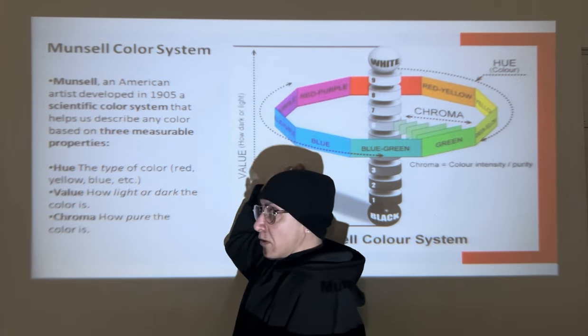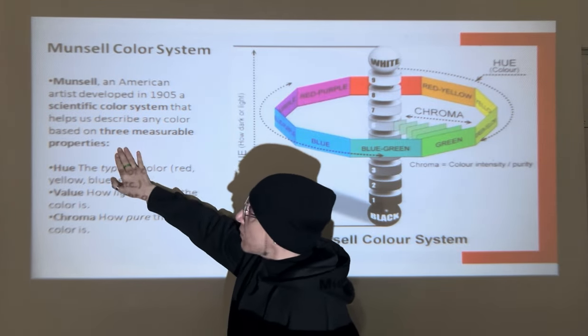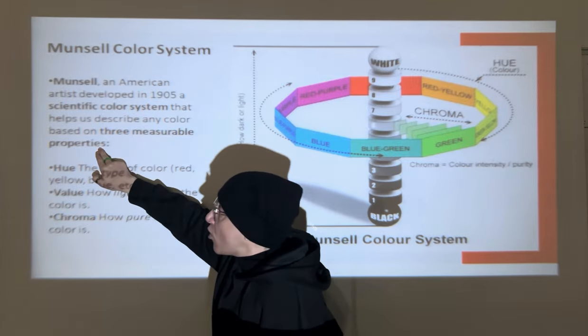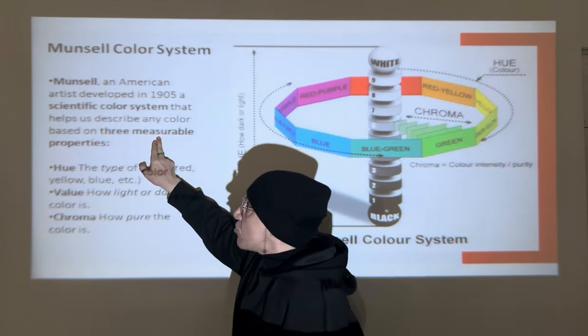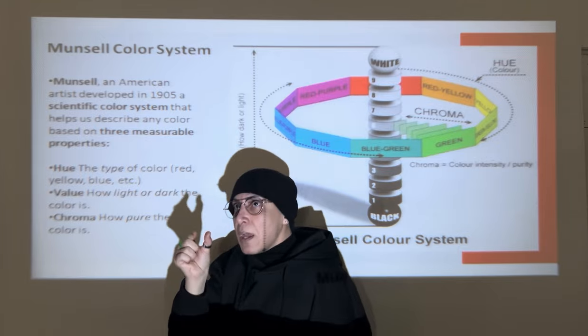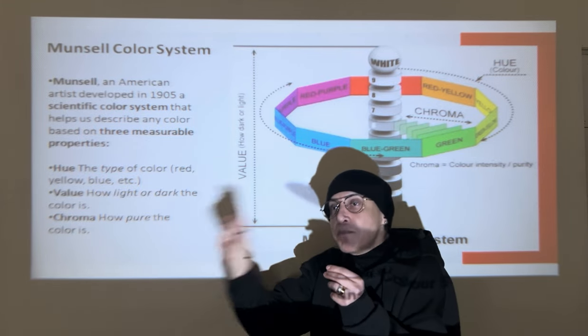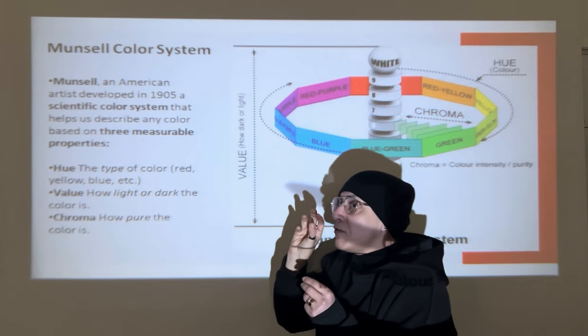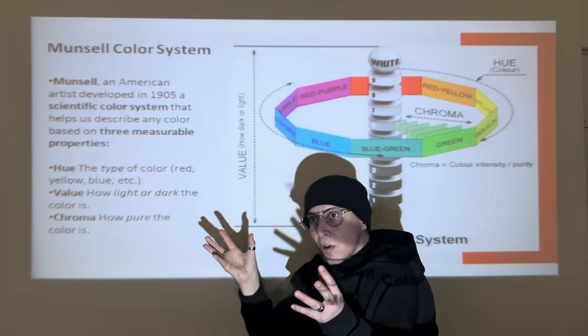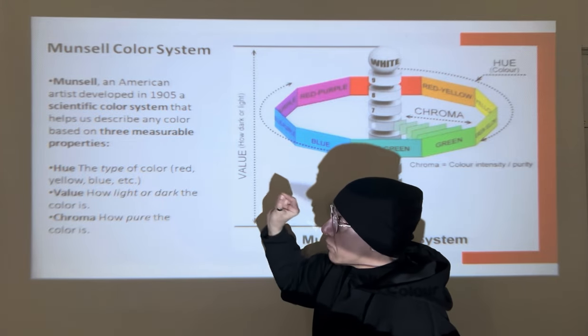Any color in the Munsell color system can be described by 3 properties that are measurable. That means 3 properties that can be measured, meaning it will have a number to it that can be identified. What exactly color is this? It is not a random thing, okay? Very detailed and very specific.